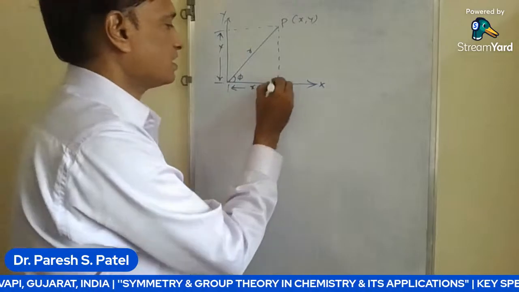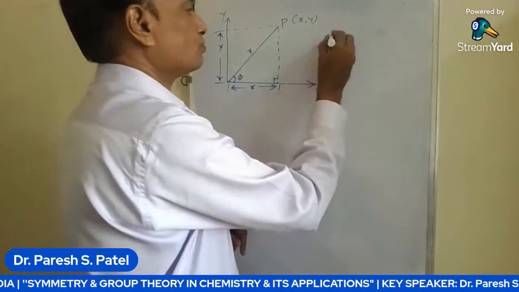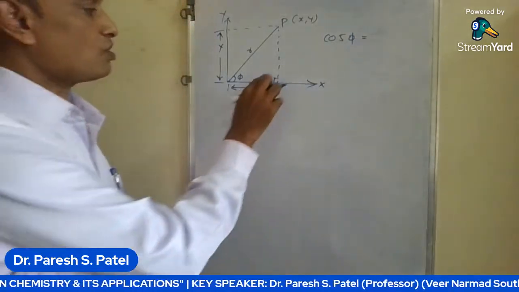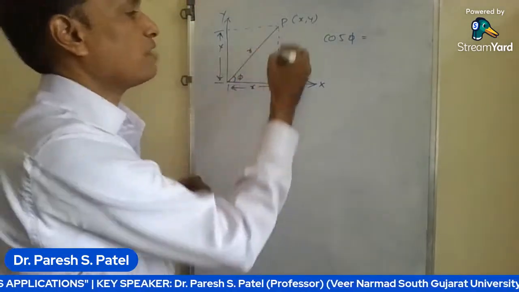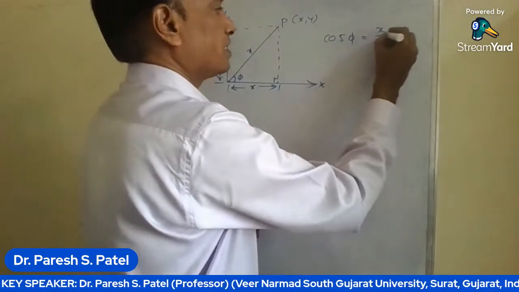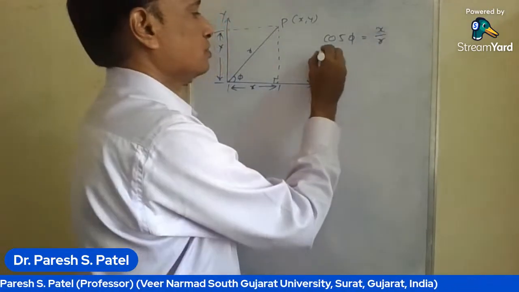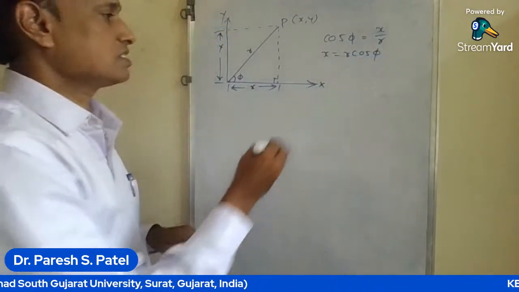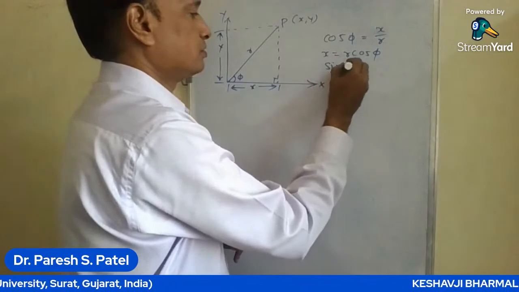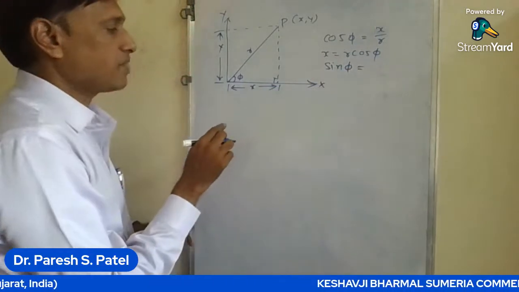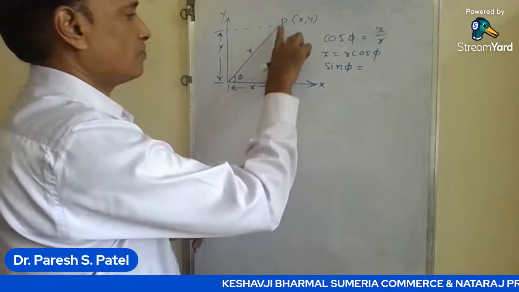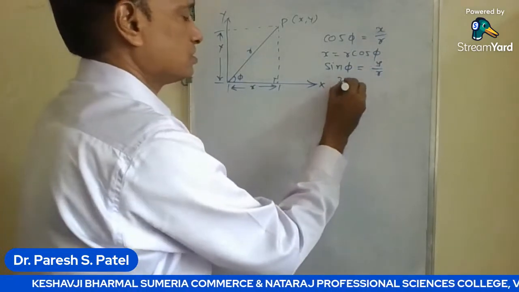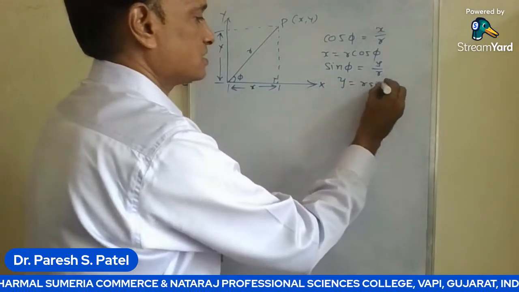This is a right angle. So cos phi is equal to base divided by hypotenuse, so x divided by r. So x is equal to r cos phi. Sin phi is equal to front side divided by hypotenuse, so y is equal to r sin phi.